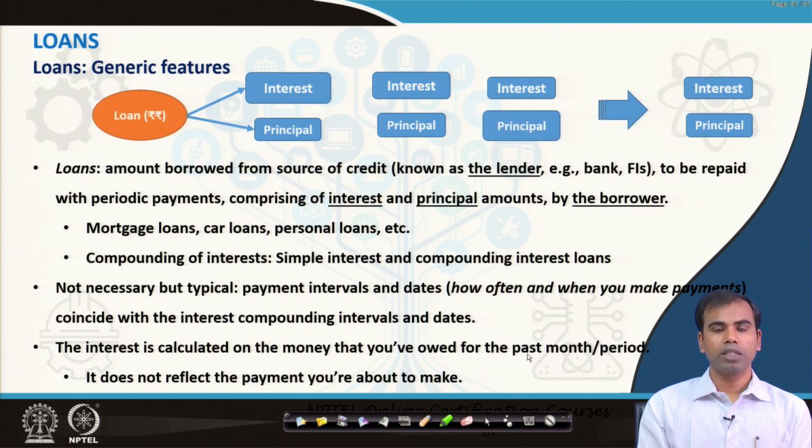The interest rate, that is the charge of borrowing, is calculated on the money that you have owed for the past month, and it has nothing to do with the payment that you are about to make. So the interest is calculated from the overdue amount, the amount owed by you, and it does not reflect the expected or future payment.